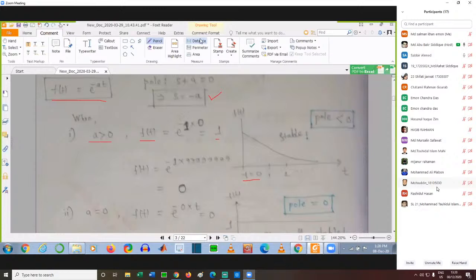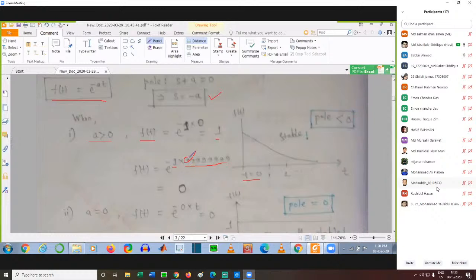Okay, so after that, f(t) equals e to the power minus a, assumed as 1, times t, and t is assumed as infinite. So e to the power minus 1 times infinite is basically e to the power minus infinite.